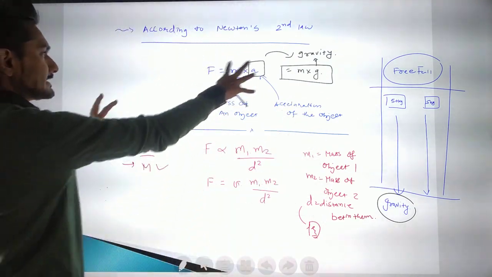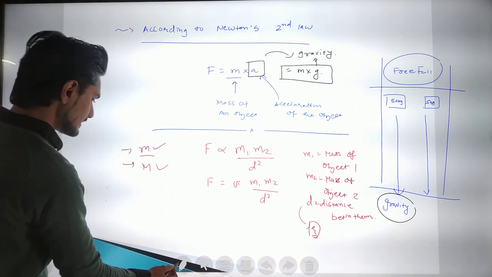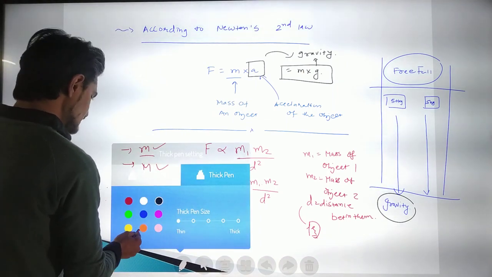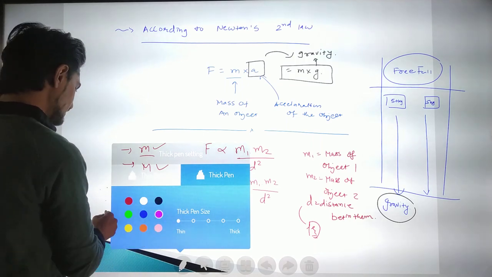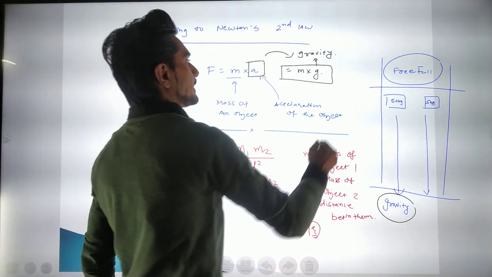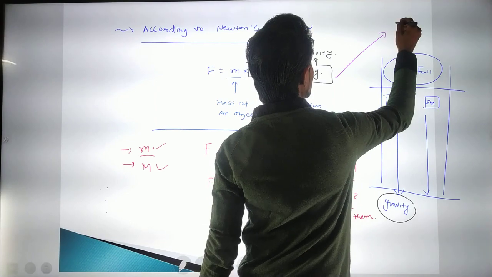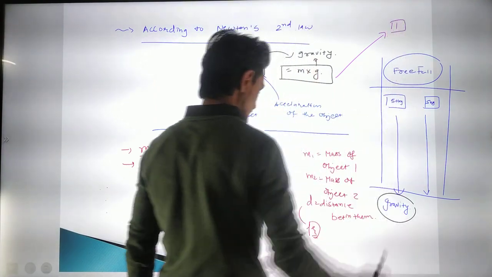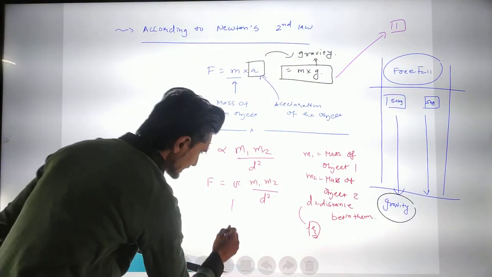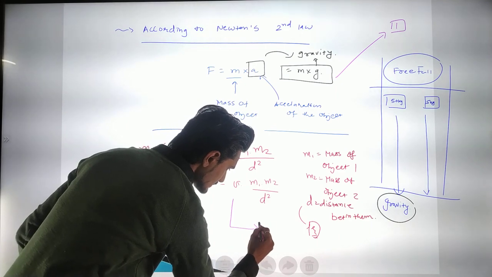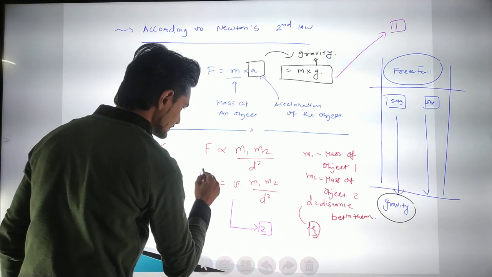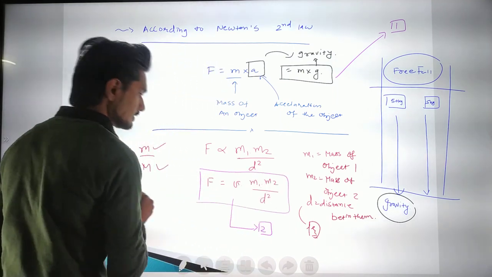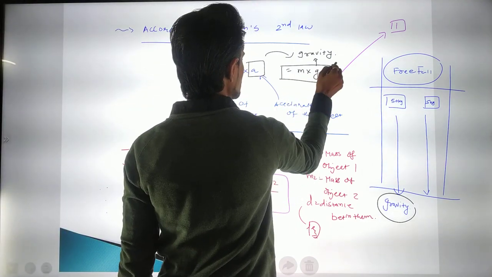So from that equation, I will change the color so that you can understand it. Now I will take a pink color. Now I will take this equation number 1 and this second equation. We'll compare both the equations and find out the actual value.